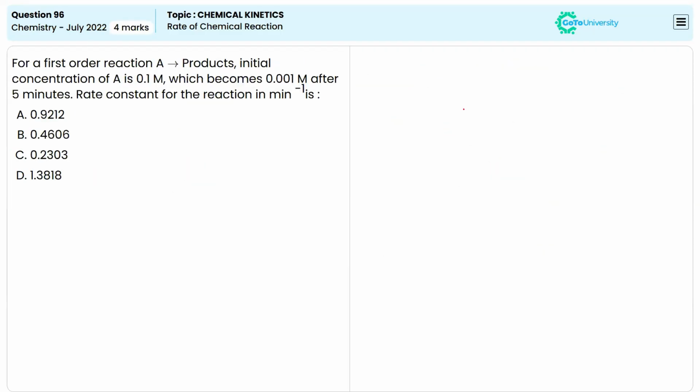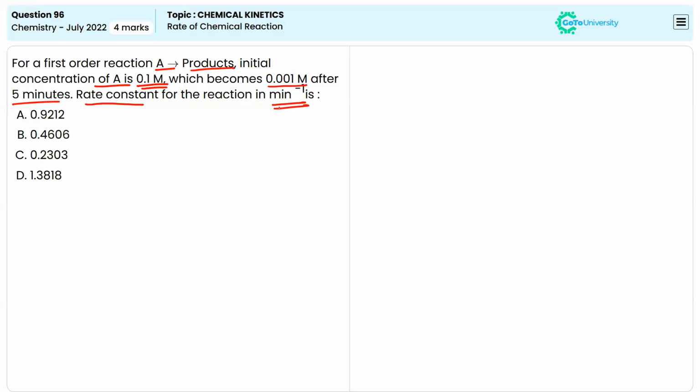Next question. It is given that for a first order reaction, the reactant A is converting into products. The initial concentration of A is given as 0.1 molar and it becomes 0.001 molar after 5 minutes. So what will be the rate constant of the reaction in minute inverse?